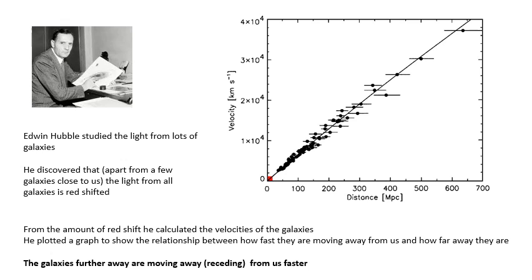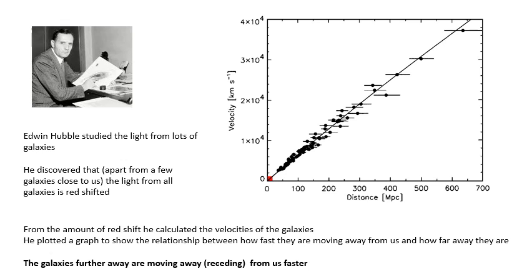From the amount of redshift, he calculated the velocities of the galaxies, and he plotted a graph, and he showed that they were proportional to each other, that the velocity that they are moving away from us, called the recession velocity, is proportional to how far away they are. Okay, the galaxies further away are moving away or receding from us faster.